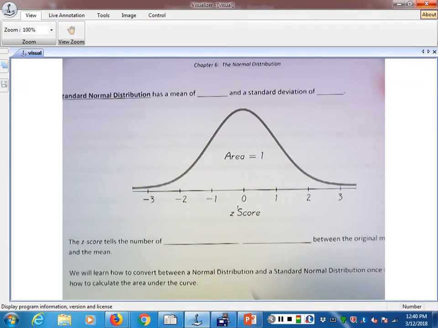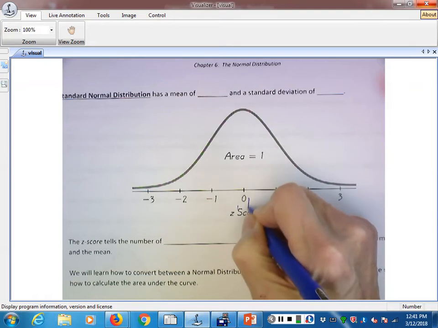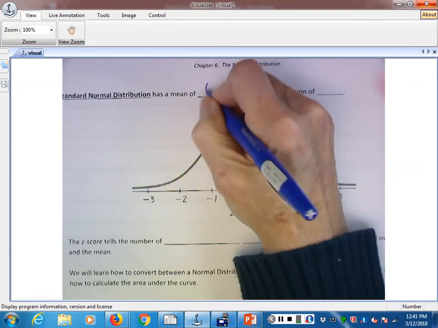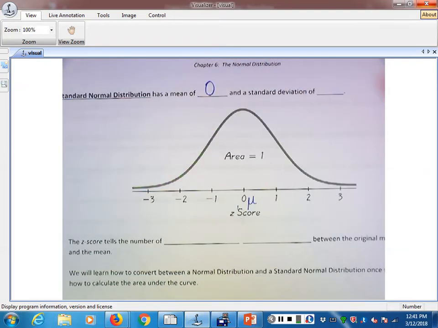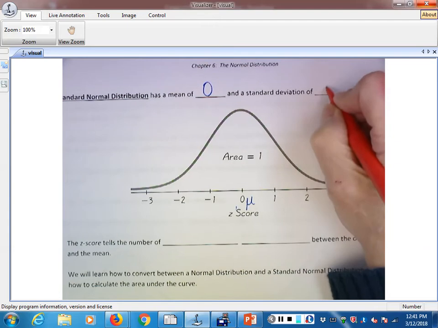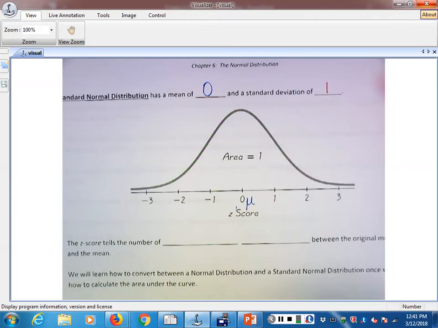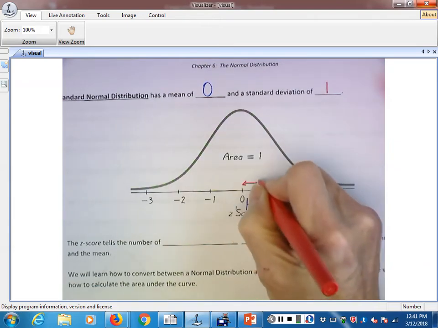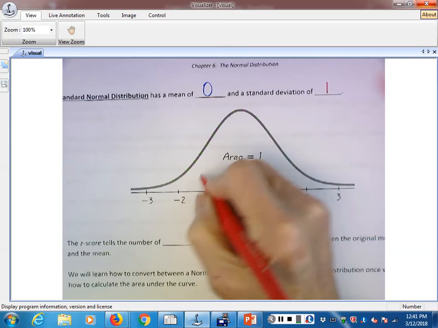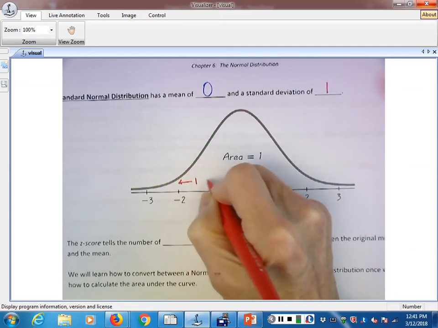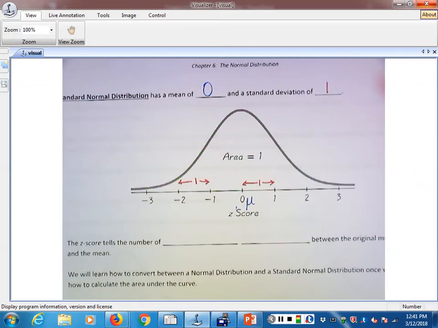The standard normal curve has a mean of 0, and it has a standard deviation of 1. All of those little increments there are 1. Okay?